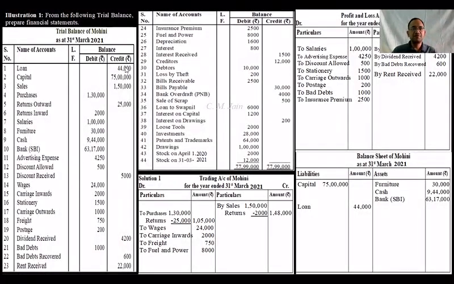Then depreciation. Depreciation is again an indirect expense, so it will come in profit and loss account debit side, to depreciation 1,600.